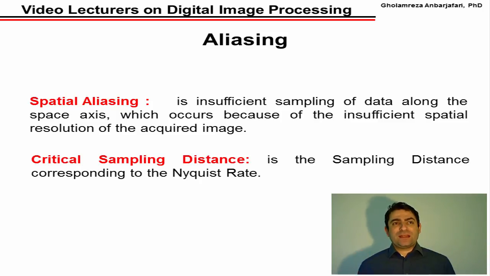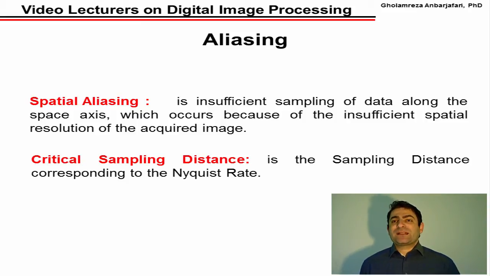So if the image contains very high frequencies which do not satisfy the Nyquist rate, then we are undersampling these images, frames, or parts of the image, and this will cause what is called spatial aliasing. Now, let's define the critical sampling distance. It is the sampling distance corresponding to the Nyquist rate.